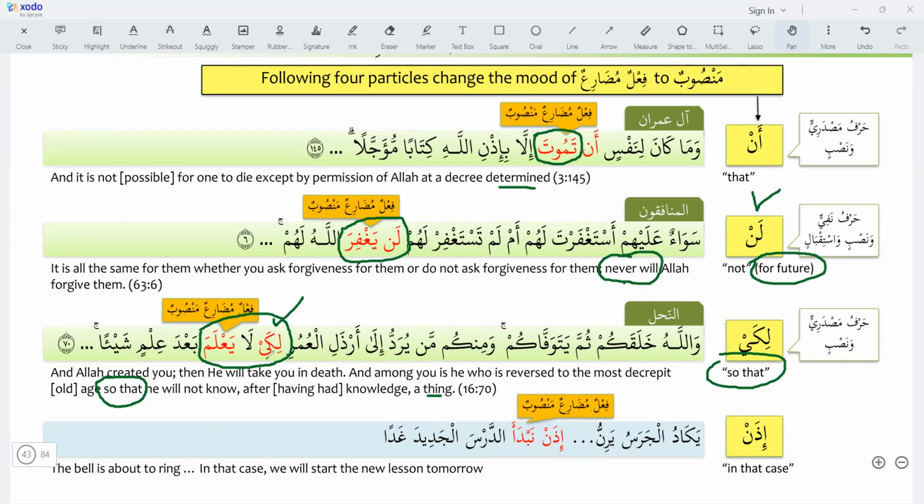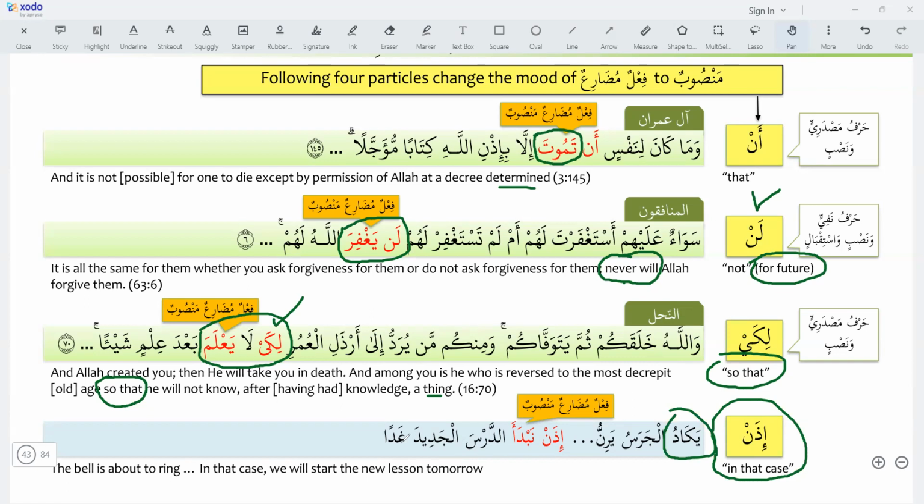Then the fourth is izan. Izan means in that case. Yaqadul jarasu yarinnu. The bell is about to ring. Yaqadu means about. Izan nabda ad-darsal jadida gadan.